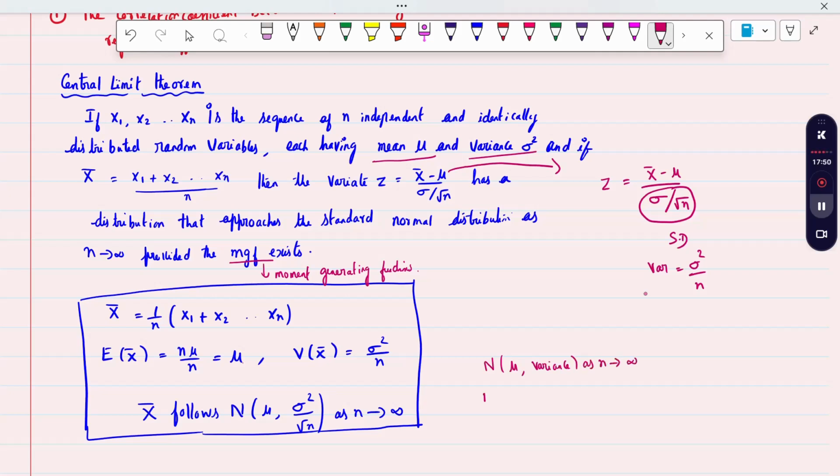The mean is as it is, the variance is sigma square divided by n, and the standard deviation is sigma divided by root n.